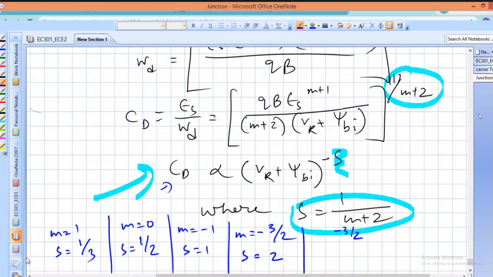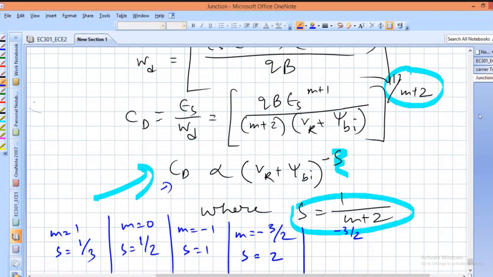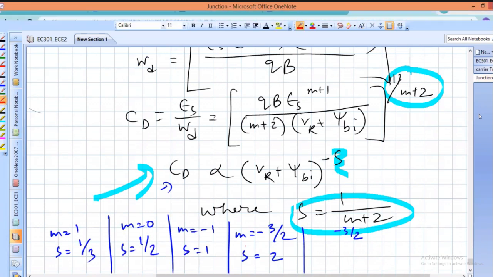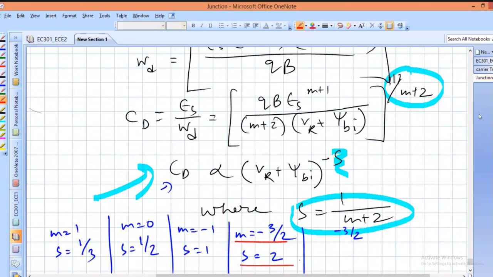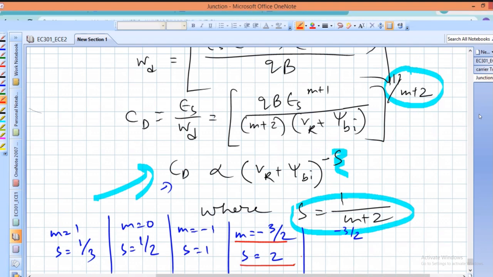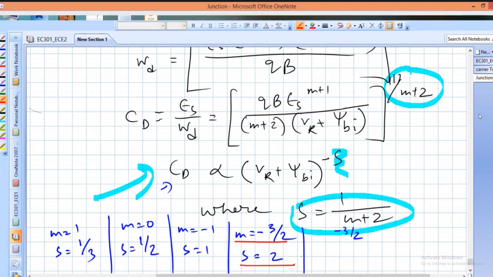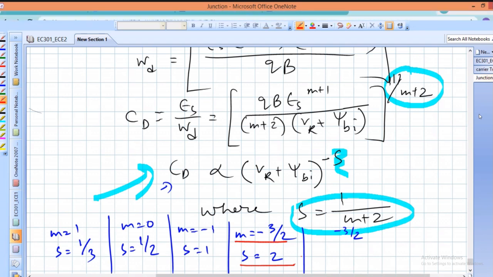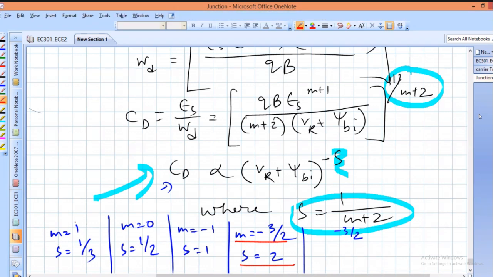Just see that type of variation. Whenever m is minus 3 by 2, S is 2. So the variation of the depletion capacitance is very large compared to this case or this case. Fine.